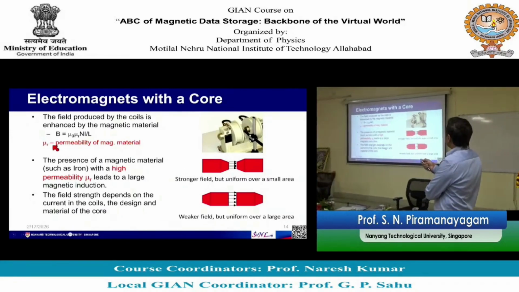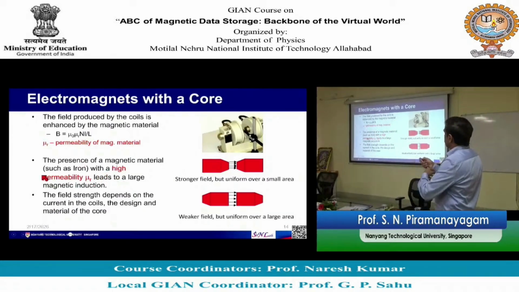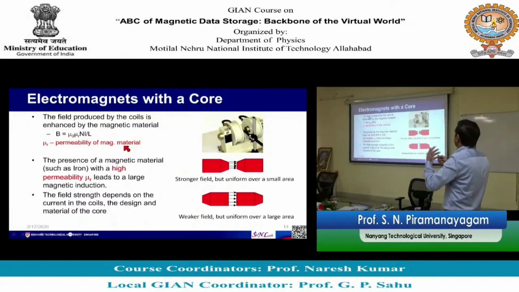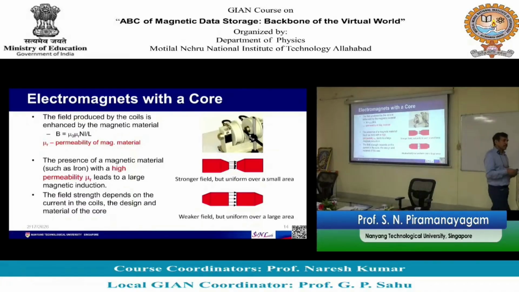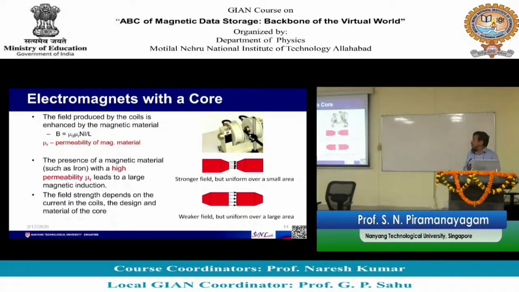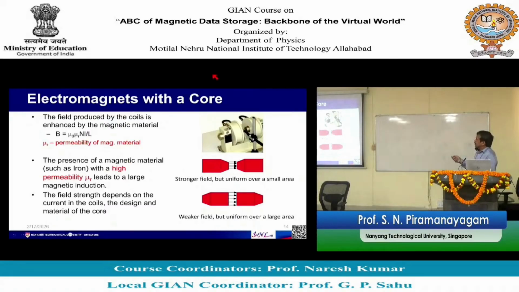If you take iron, for example, it may have a permeability of around 100. So now the magnetic field produced by the same coil is multiplied by this factor mu r. So you can produce a much stronger magnetic field than a solenoid without a core. Core basically represents a ferromagnetic material with a high permeability mu r.